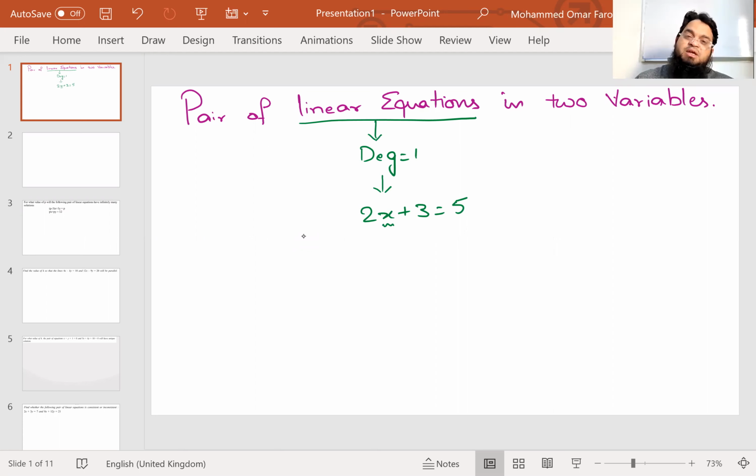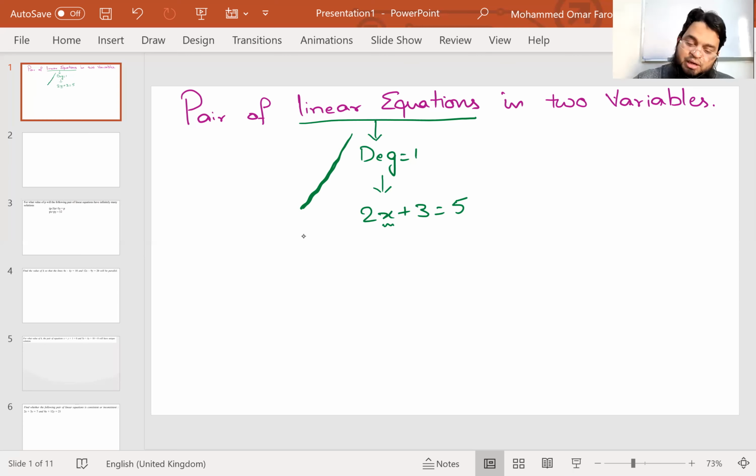So why are these equations called linear? Equations having degree 1 are called linear equations because when we represent these equations graphically, they are represented as a straight line. So that's why these equations with degree 1 are called linear equations.